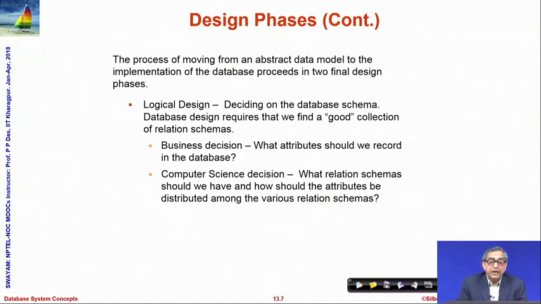We need to decide on what is a good schema. So, there are principles to say what is good and what is not so good. We need to make business decisions to find out which attributes we record in the database. We need to make computer science decisions as to how the relational schemas will be interrelated between themselves, and how the attributes will be distributed.